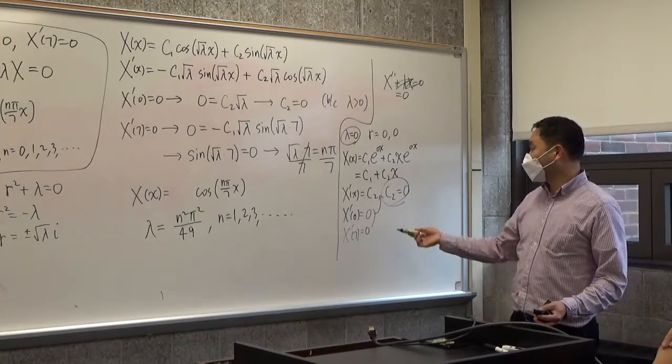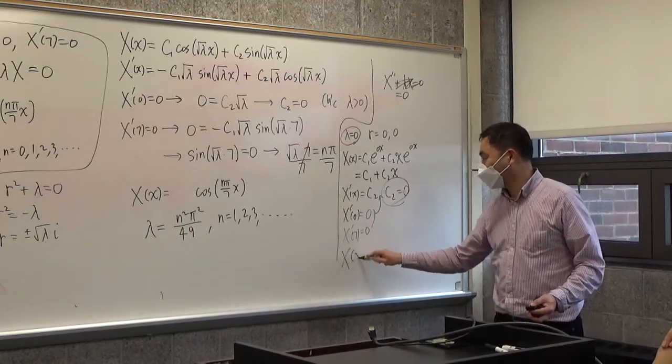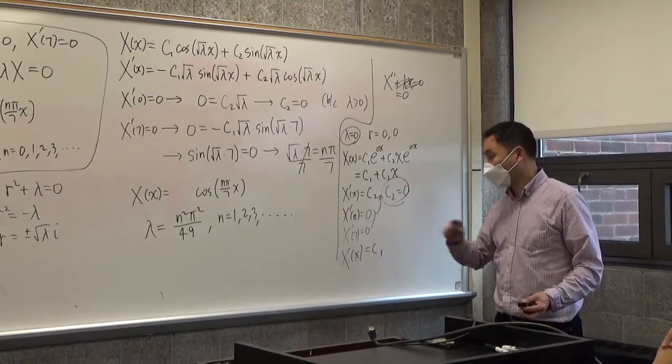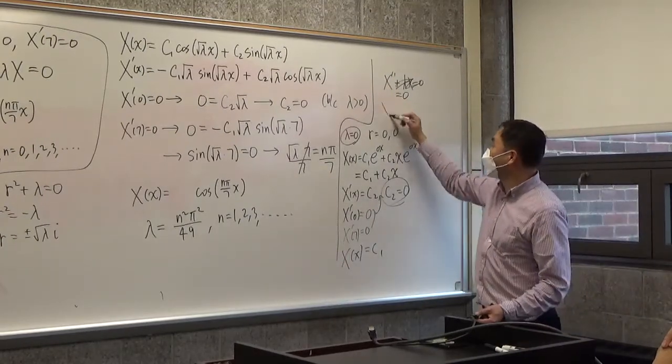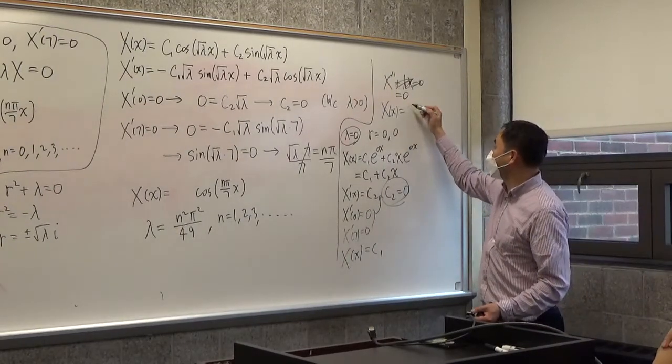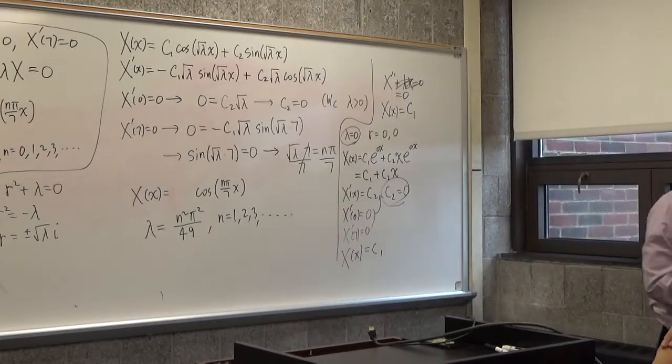But what does that mean? If C2 is 0, then x of x is just C1. Now here's a question. If I have a constant function, so this is my answer, it's C1, is that a non-trivial solution?